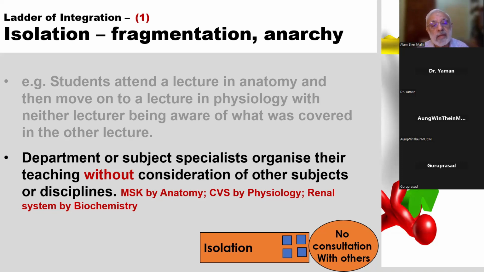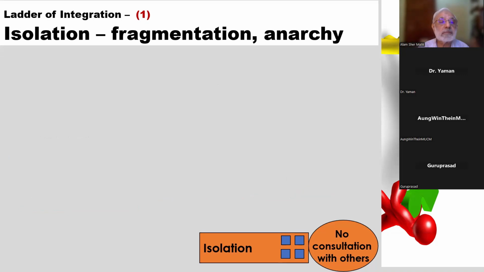For example, anatomy may be teaching the musculoskeletal system, physiology teaching the cardiovascular system, and biochemistry may be teaching the renal system. So it is totally in isolation from each other, totally fragmented, and no consultation with others.